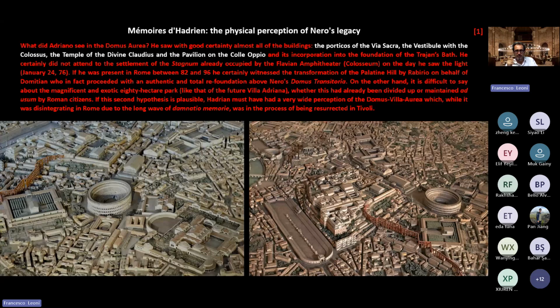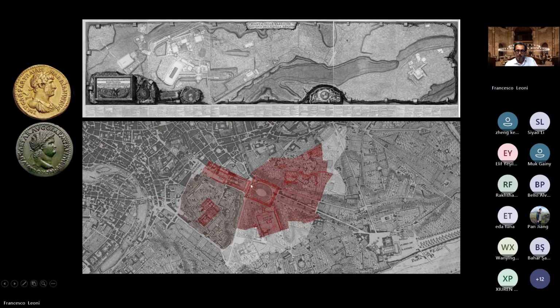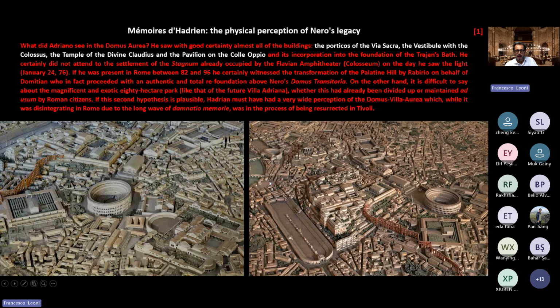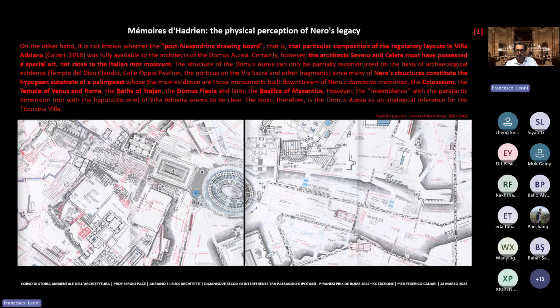But as you can see from the map on the bottom side of the slide, for example, the big structure that is now occupied by the Colosseum was before a large structure occupied by an amazing pond, a lacus.